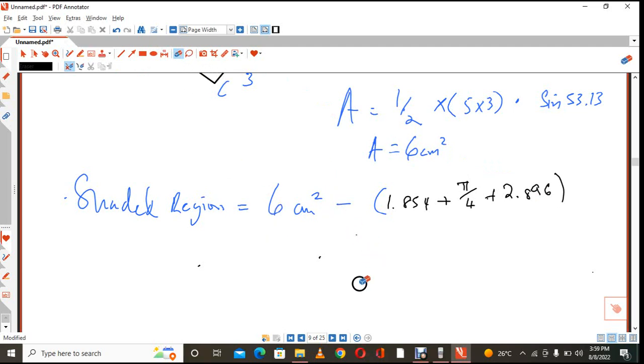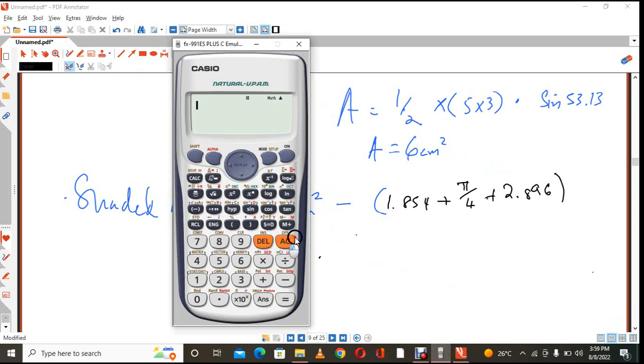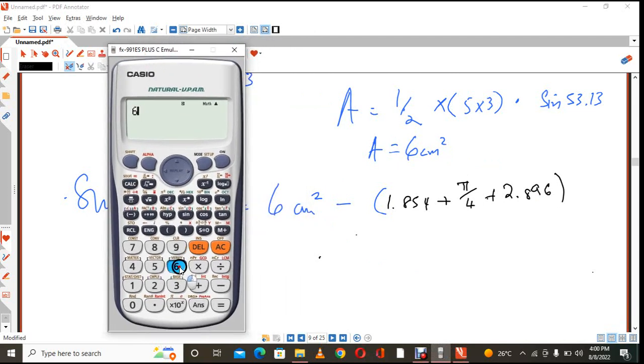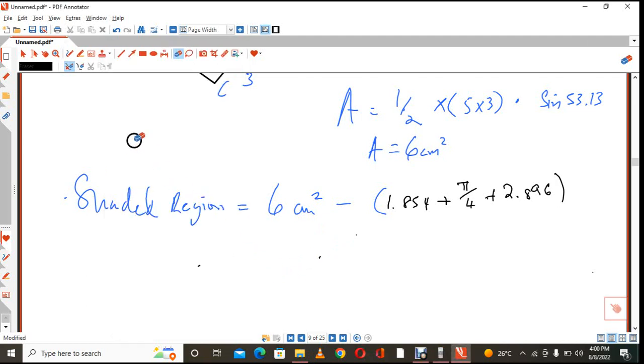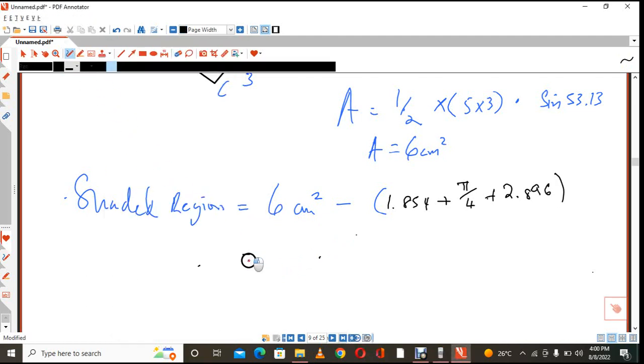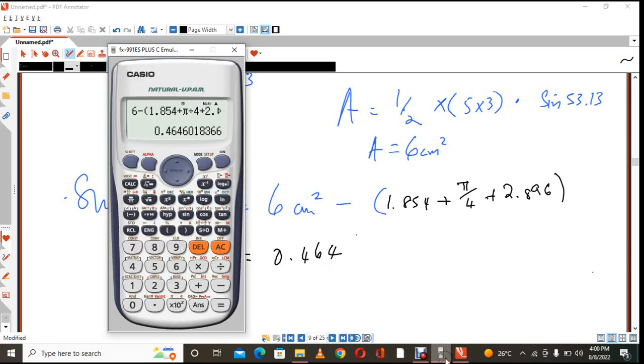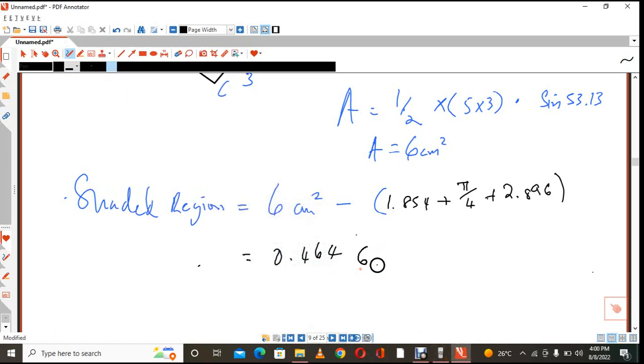Let's grab our calculator. So it's 6 minus, in bracket, 1.854 plus 2.896 plus 0.785, which gives about 0.464.